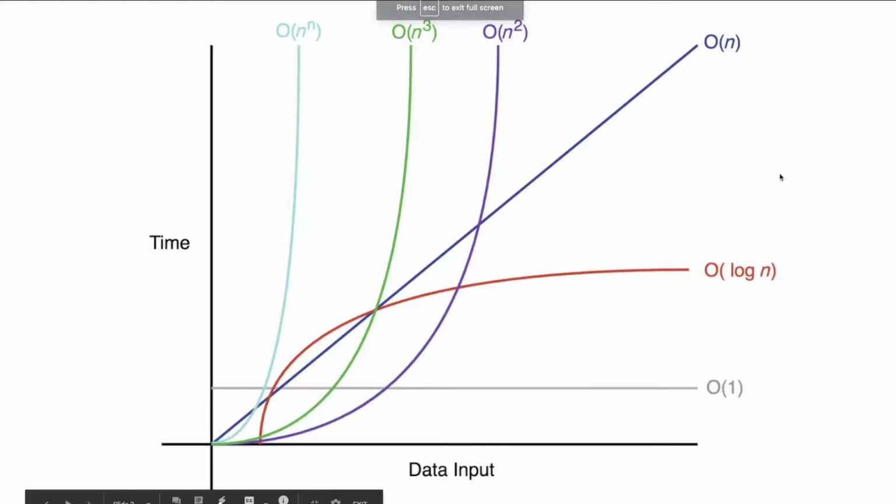So this is a graph showing the time versus data input for different big O notations. When we are comparing the previous case, we saw that the time taken to paint that wall was a direct function of the width and the height of the wall. In that case, the time taken was directly proportional to the input given.